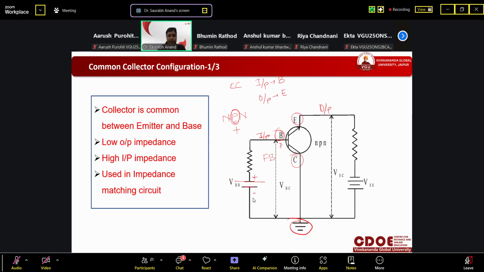This positive will make this P forward bias. And the emitter is of N type, so for N it should be reverse bias. We have to connect this also, so it will be positive, negative. So this positive will make this N-type emitter reverse bias, right?